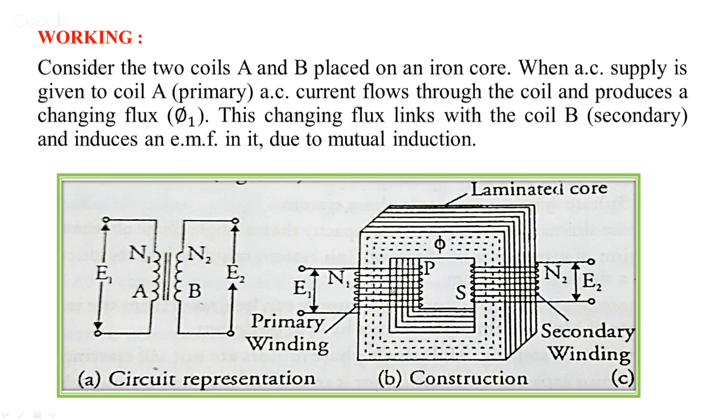You can see here whatever is the flux produced here is linking with the secondary. So flux produced by the primary is linking with the secondary coil or the coil B, and an EMF is induced in it. How? By mutual induction. So just now we have studied the concept of mutual induction.